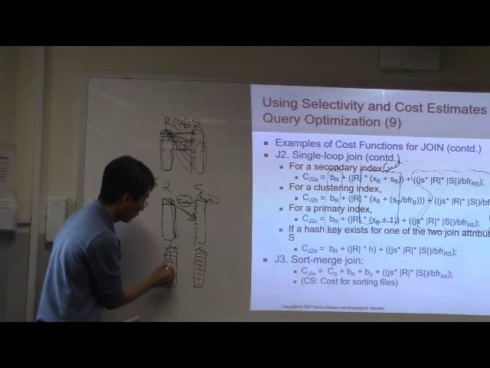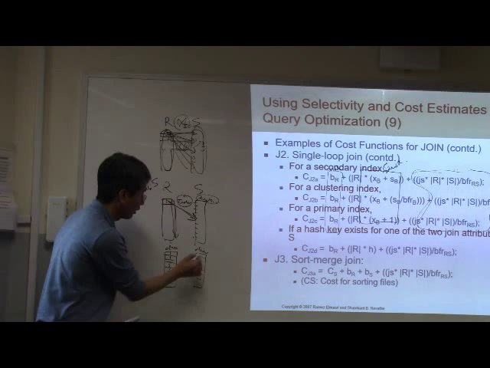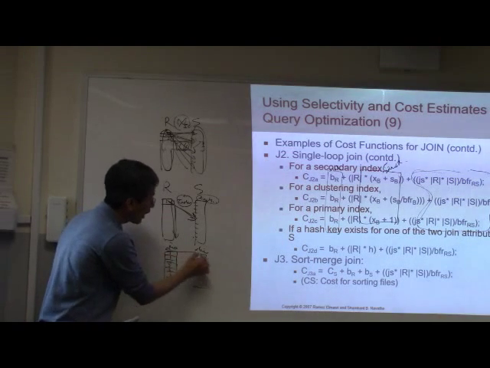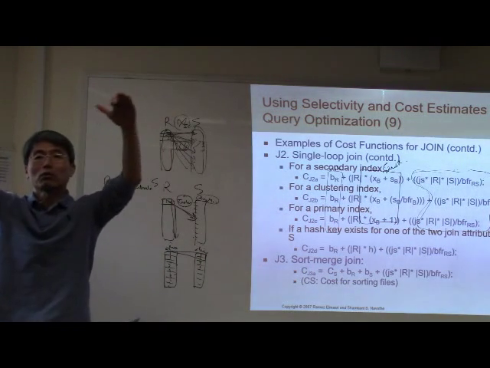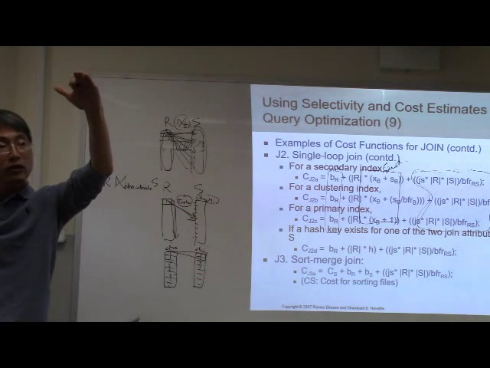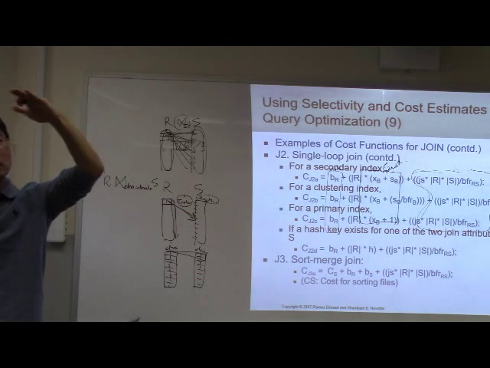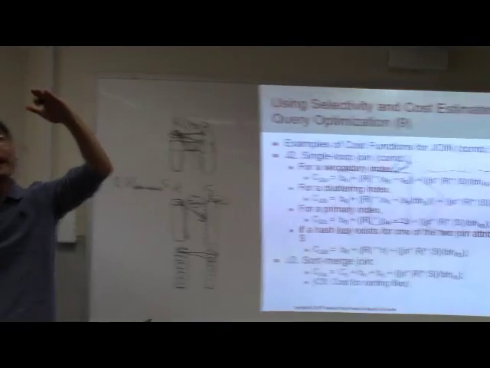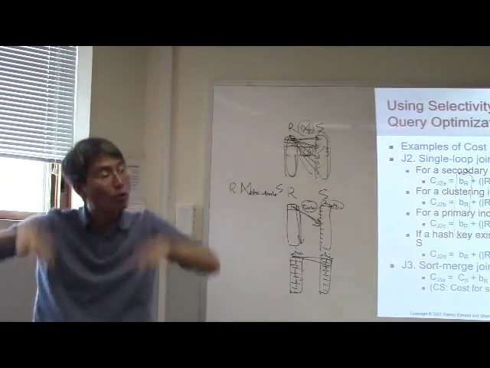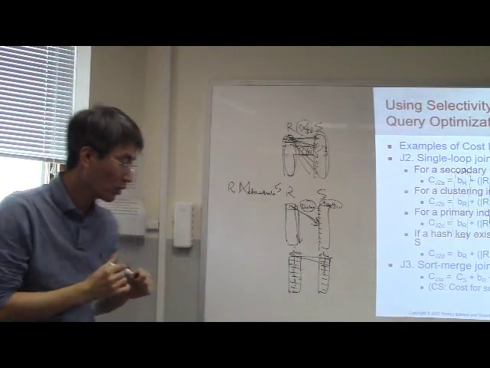Then for example 1, 1, 1, 2, 2, 3, 3, 3 and 1, 1, 2, 2. From the top, check whether or not they are the same. If yes, keep. Otherwise, move next, next, next. That is a sort and merge. So that is a sort merge.